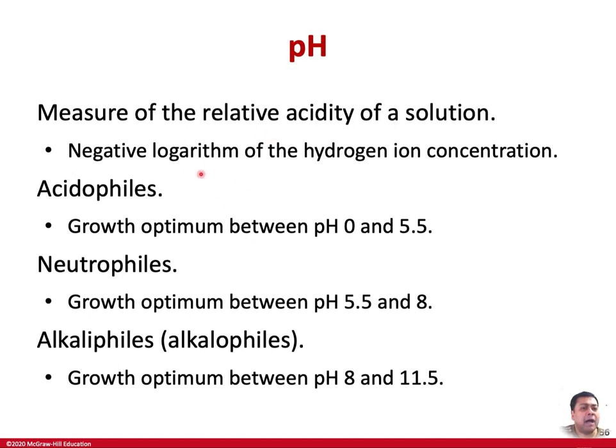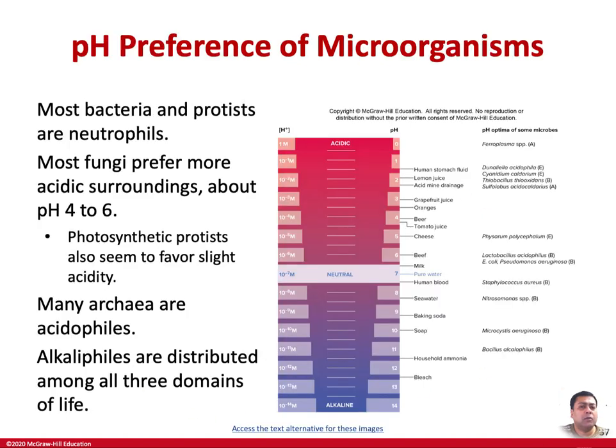Acidophiles are the group of bacteria which grow at an optimum pH between 0 to 5.5. Neutrophiles grow between 5.5 and 8, whereas the alkalophiles, also known as alkaliphiles, grow between 8 to 11.5. So a wide range of growth characteristics of different microorganisms.